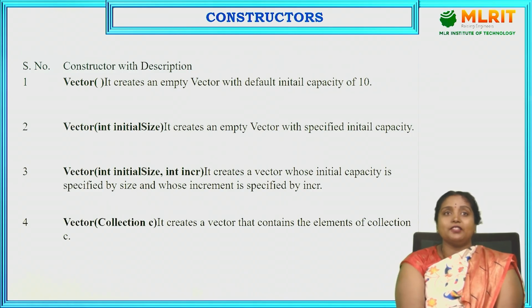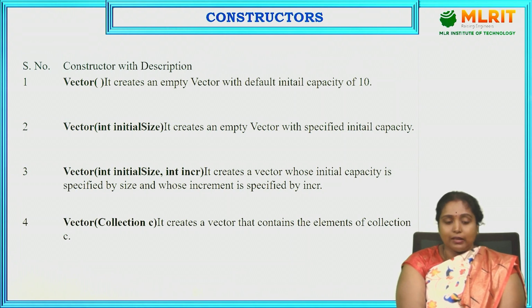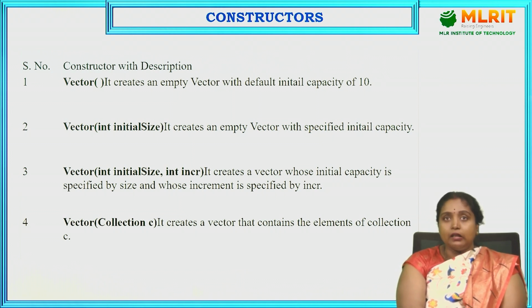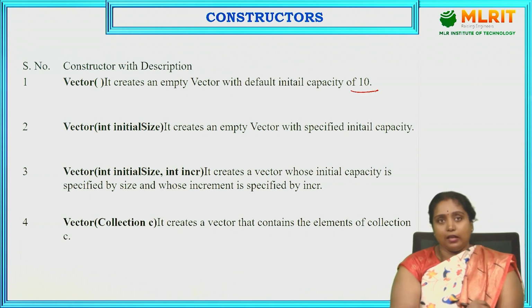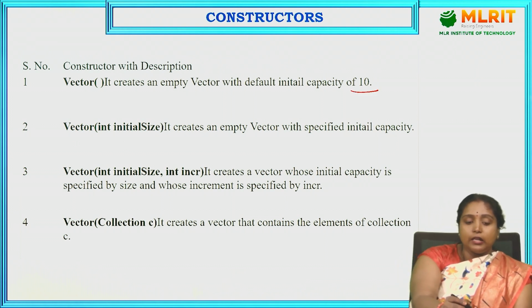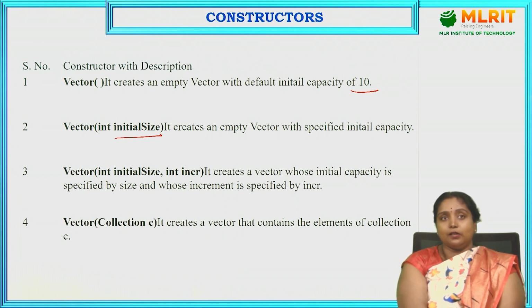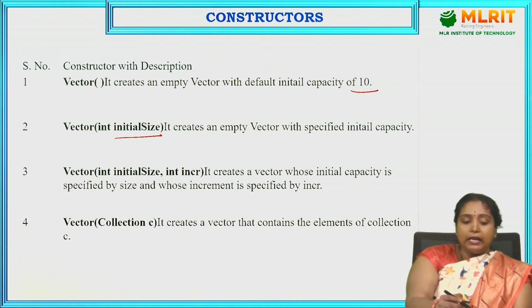So coming to the constructors of the vector class. There are four constructors in the vector class. The first constructor is an empty constructor, which is the default constructor, Vector(). It creates an empty vector with a default initial capacity of 10, same as ArrayList. Next, Vector(size), you can create an empty vector with that particular size. And you can have size and increment, Vector(size, incr).